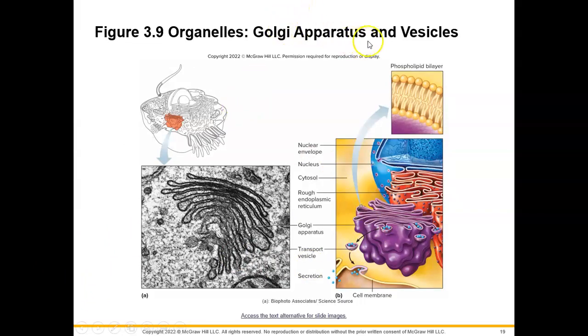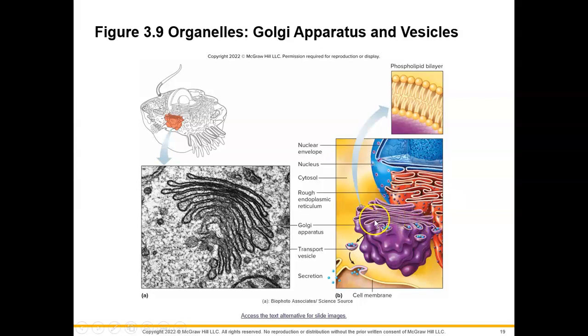The Golgi apparatus receives vesicles from the endoplasmic reticulum. Here's some rough endoplasmic reticulum. It synthesizes proteins, then buds them off into a transport vesicle that is carried to the Golgi apparatus.